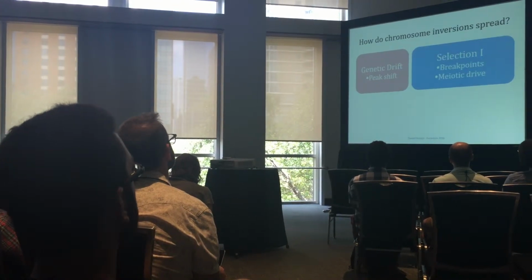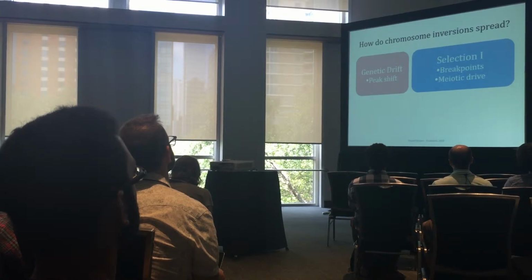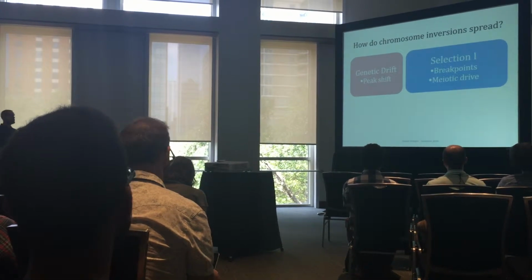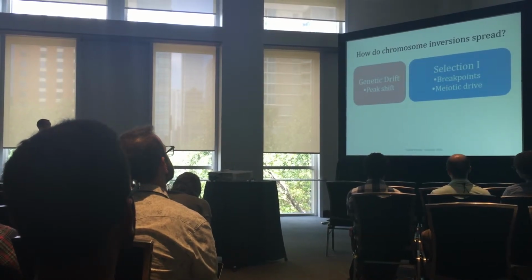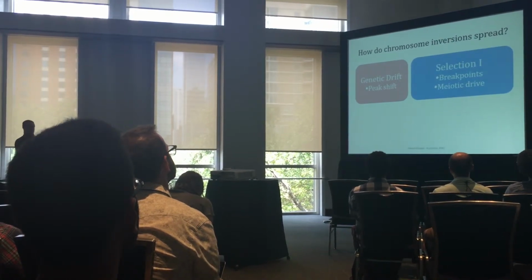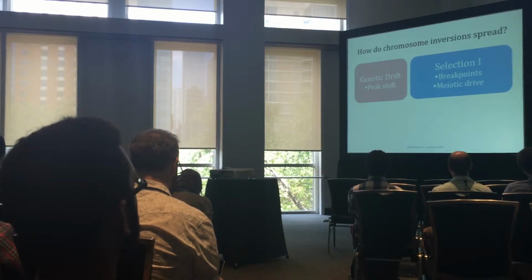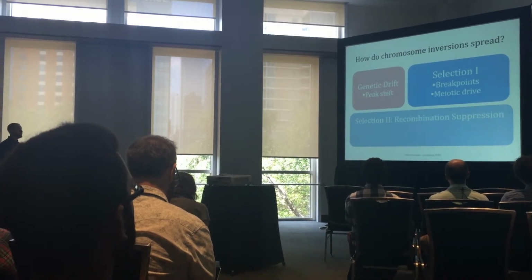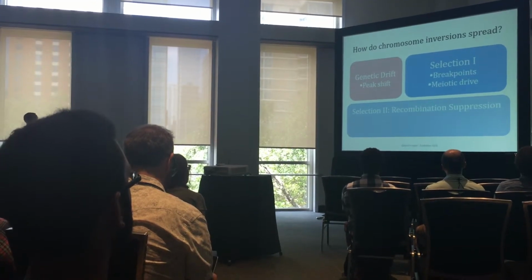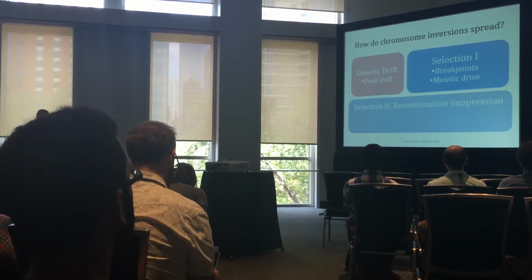In contrast, selection can directly favor a new inversion. For instance, if the breakpoints of the inversion itself favorably alter gene expression, or if the inversion is associated with meiotic drive elements, it can be selected to spread. More recently, there's been a focus on the contextual selective advantage that a new inversion has as a recombination suppressor.